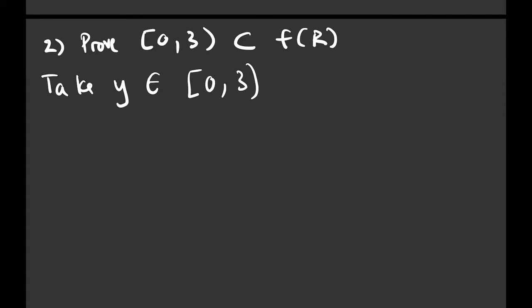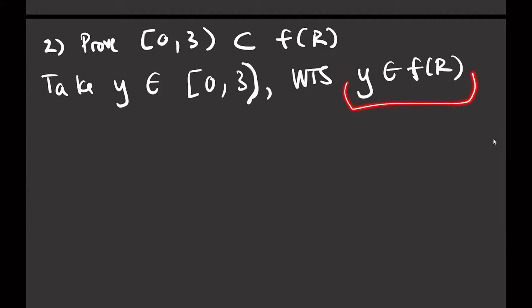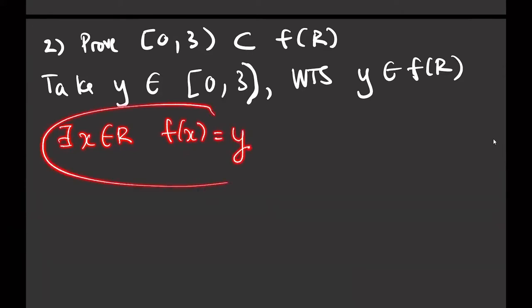So let's take y from this interval. Then I want to show y is in f of R. So we can even graph it. Yes, of course you can. So I want to show this, which means I want to show there is an x in R such that f(x) equals y, because this is the definition of image I talked about earlier.